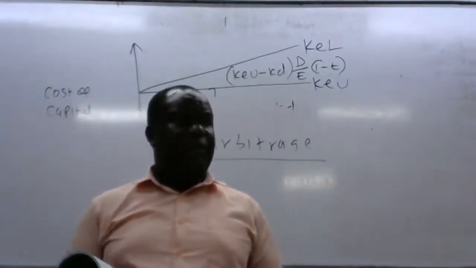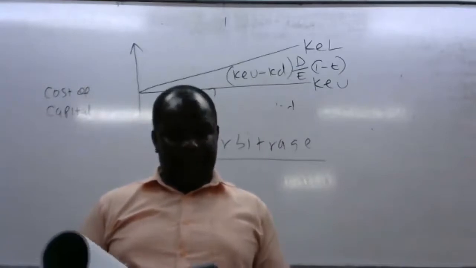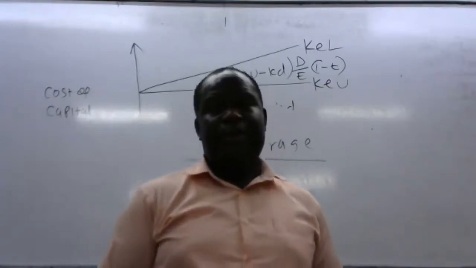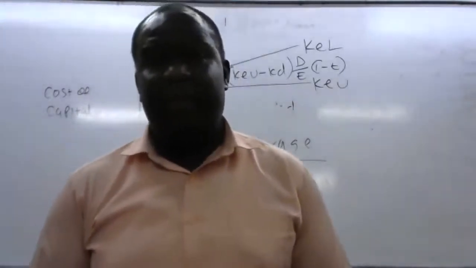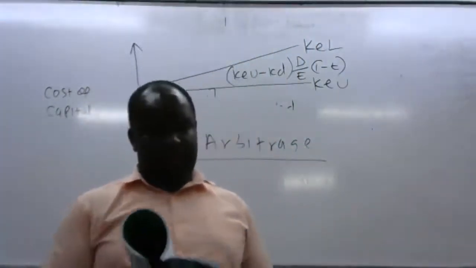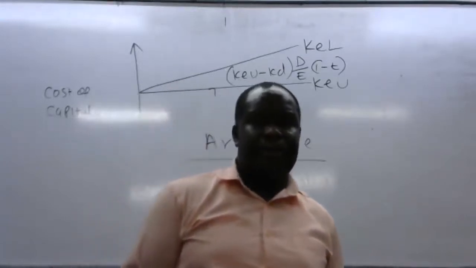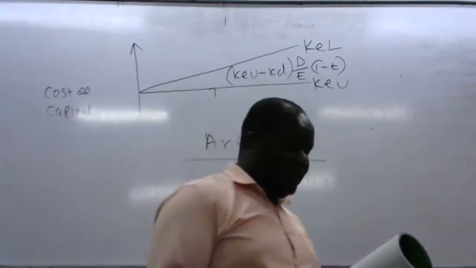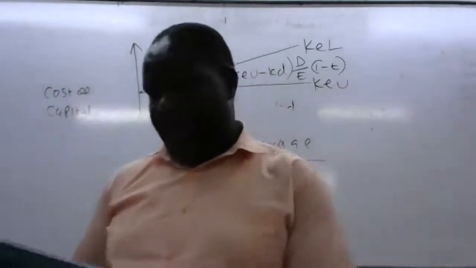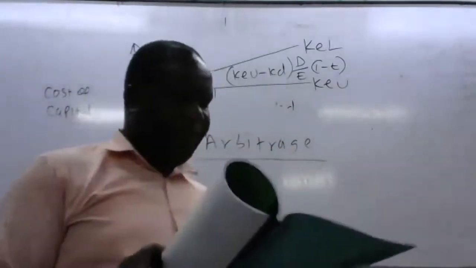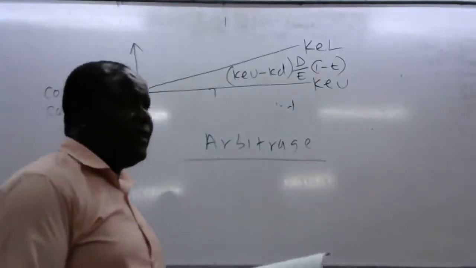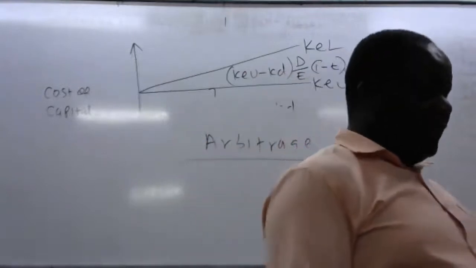Number one is that the investor will sell his ownership in the overvalued company and realize the benefits.